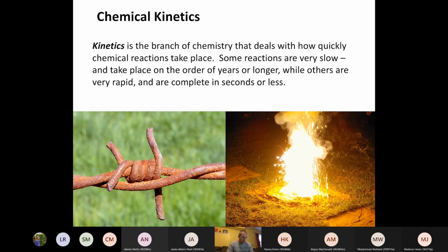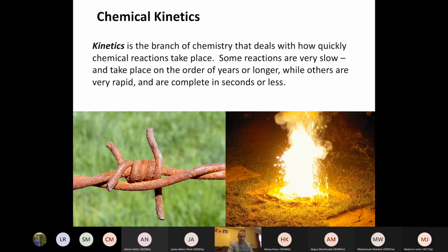So you can see in this picture right here, there's a huge variation in rates of chemical reactions. We have the barbed wire rusting, and if you put iron out in the environment exposed to water and air, it will on its own start to rust, although it's a fairly slow process.